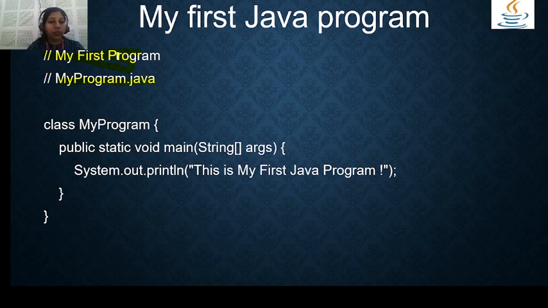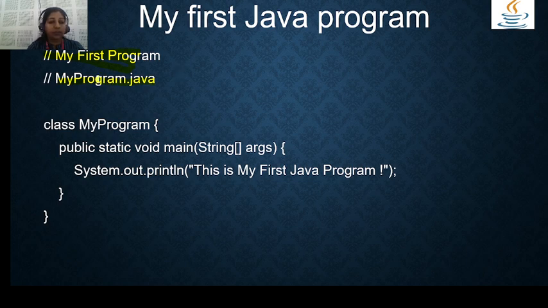What is the name of this program? MyProgram.java. You can give a name as per your choice. It can be my first Java program, my application, first program, as you want, but just keep in mind that it should end with .java.